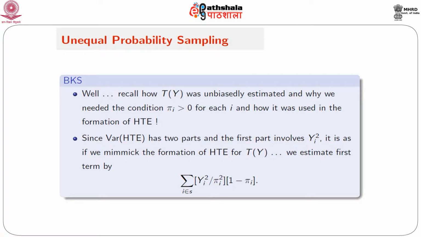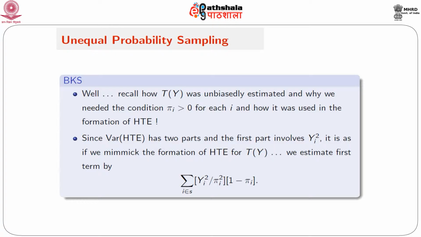You know the variance of the Hurwitz-Thompson estimator, it comes in two parts. One part involves the squares, the other term involves the product terms. So for the square terms, you divide by pi i, multiply by pi i, replace pi i by summation Ps over all S containing i, etc. And for the product term, you mimic the idea.